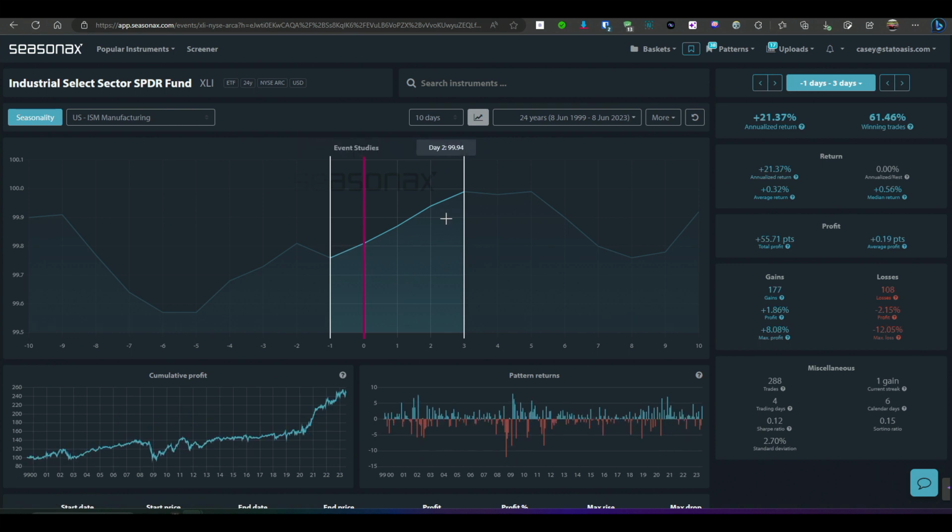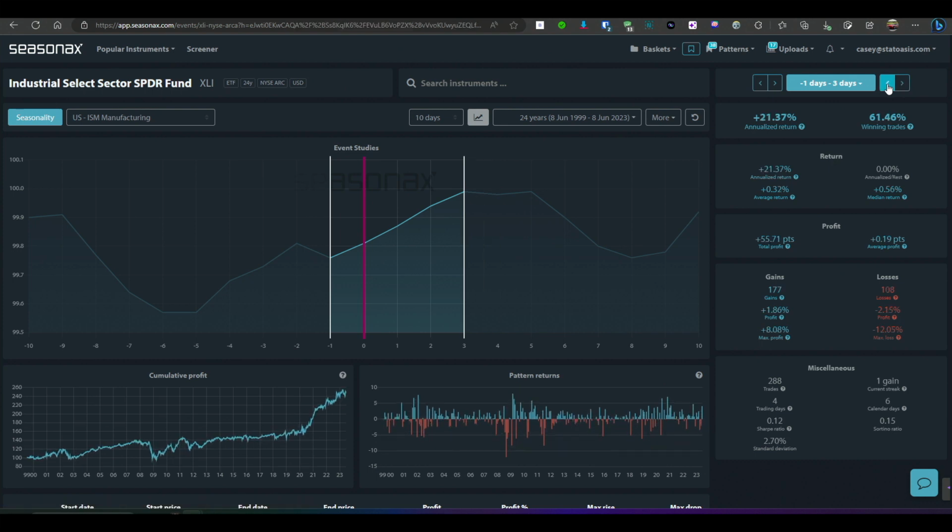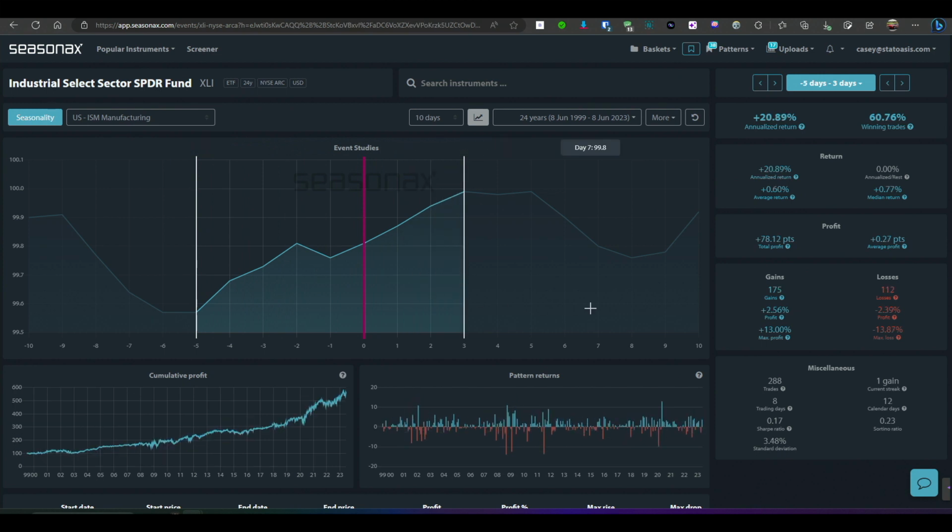So we're holding for 4 days. We're making 0.56% median and 61% win rate. And if we increase 1 day, that's the same thing. And if we start from -5 days to 3, now we're making 0.77% on median and same winning percentage.